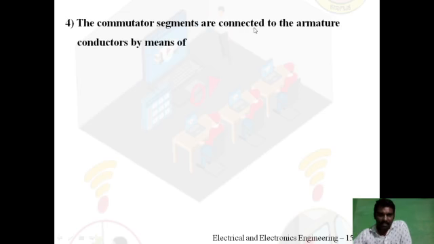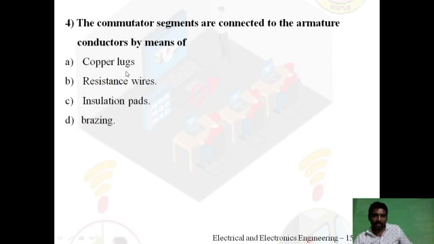The next question: the commutator segments are connected to the armature by means of the commutator. What is the job of the commutator? It converts AC voltage to DC voltage. The commutator is connected to armature conductors by means of what? He has given copper lugs, resistance wires, insulation parts and bracing.